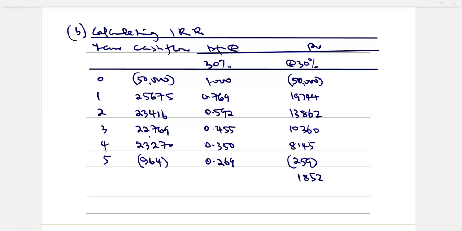Let's assume a higher discount rate. You can see that this NPV at 30% is closer to 0, 1852. So let's assume 35% and see if we are going to get a negative NPV. The discount factor at 35% for year one is 0.741.